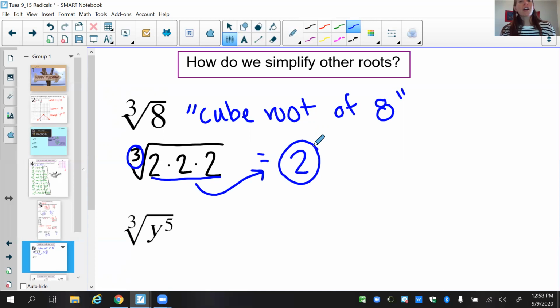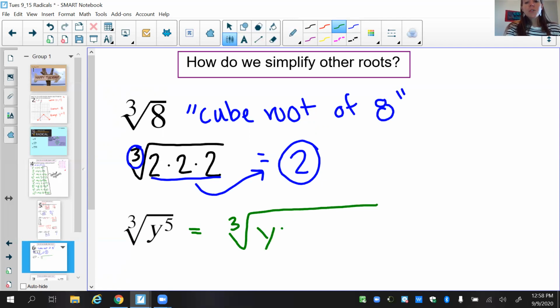Now we're not going to do very many of these. I'm just showing you that it's possible to do other roots. We could do the 4th root. We could do the 5th root, okay? In this class, we're gonna focus mostly on the square roots. But let's do one more. This will help you see it. If I take the cube root of y to the 5th, what that's really doing is multiplying y by itself 5 times.